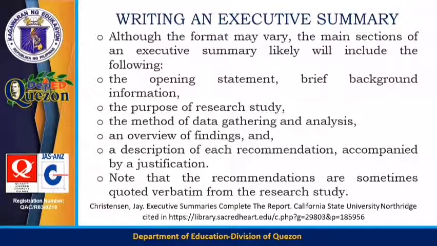So this one is still different from the introduction. Number two, the purpose of the research study. Third point, the method of data gathering and analysis. Simply mention them, do not discuss them in detail.